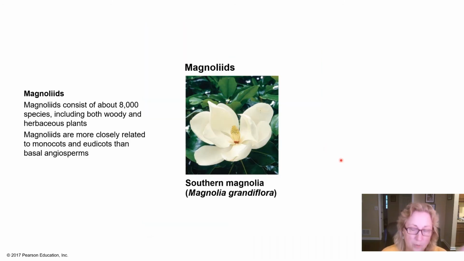Magnoliids are the more recent branch, so this is a newer group than those other three groups. And there's several thousand species. Many of them are woody shrubs or even trees. There are magnolias that are not huge trees, but medium-sized trees. But they're the most closely related. They were the last branch before the monocots and the eudicots separated.